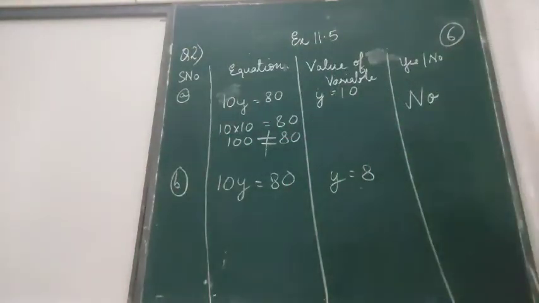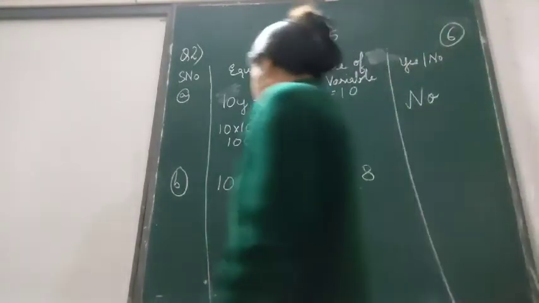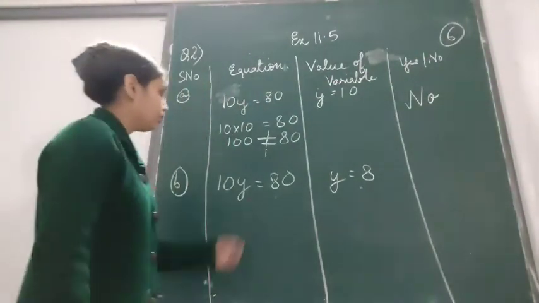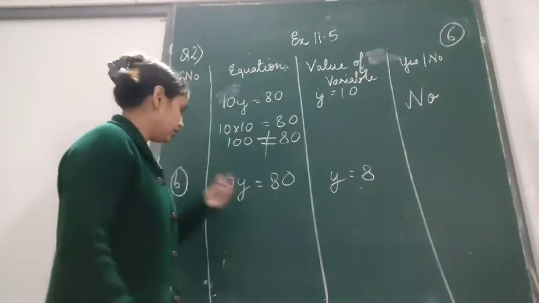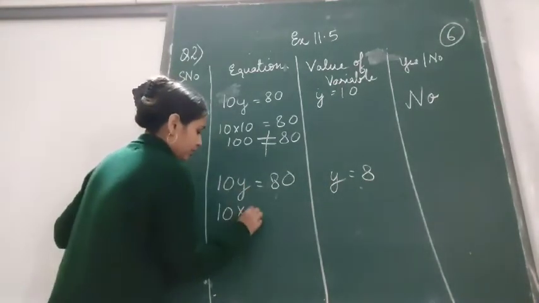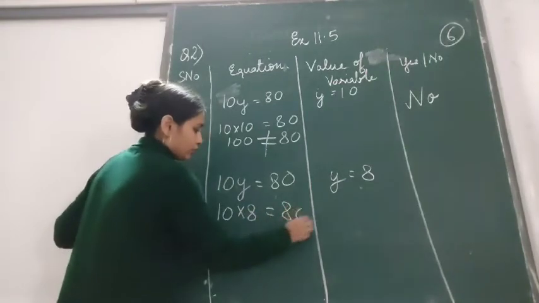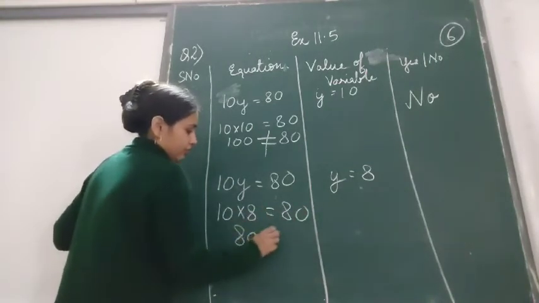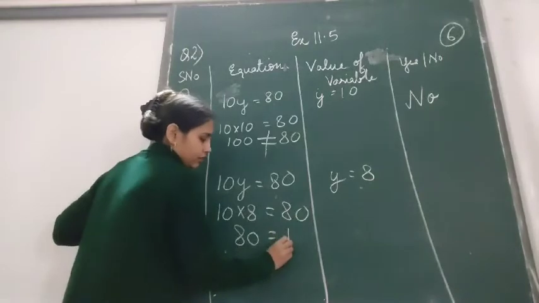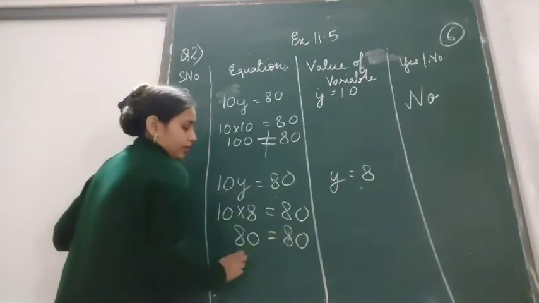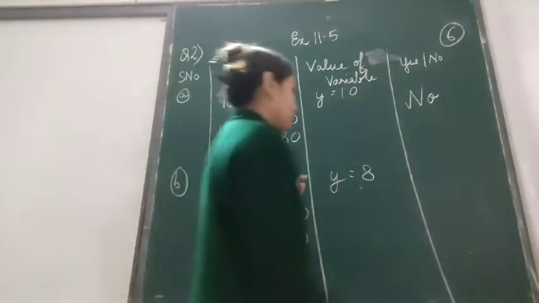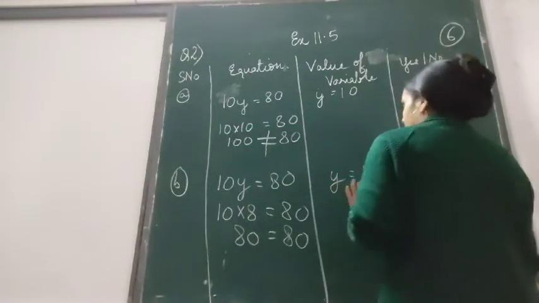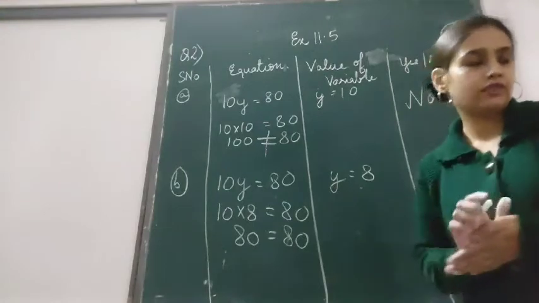Now children, putting the value of y as 8 here, 10 into 8, 10 8s are 80, which is equal to the RHS. Yes. So here the condition is satisfied, the equation is satisfied. So we write yes. Similarly, we do the C.